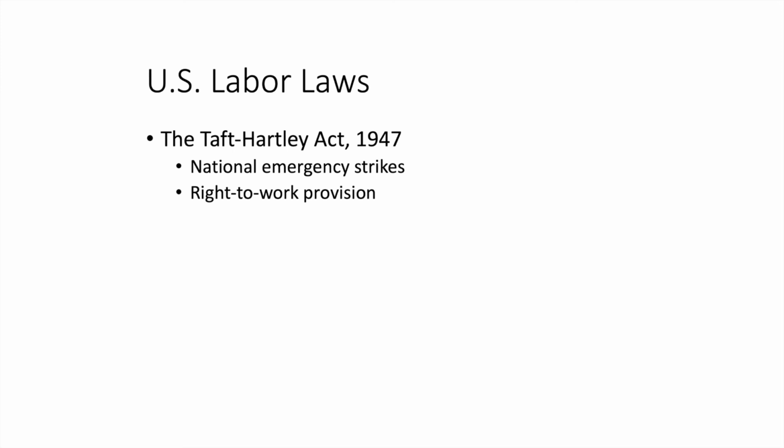The national emergency strike caveat in the Taft-Hartley Act was that any company deemed that critical, before they can go on strike, has to have an 80-day cooling off period, which means you can't just walk out. We had, for instance, back in the 80s, President Ronald Reagan ordered air traffic controllers back to work. And that was kind of like a national emergency. There were strikes.